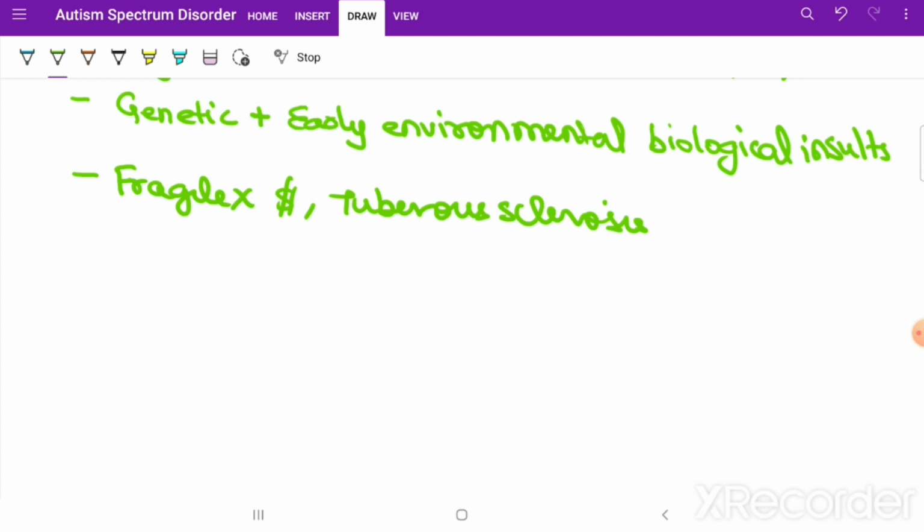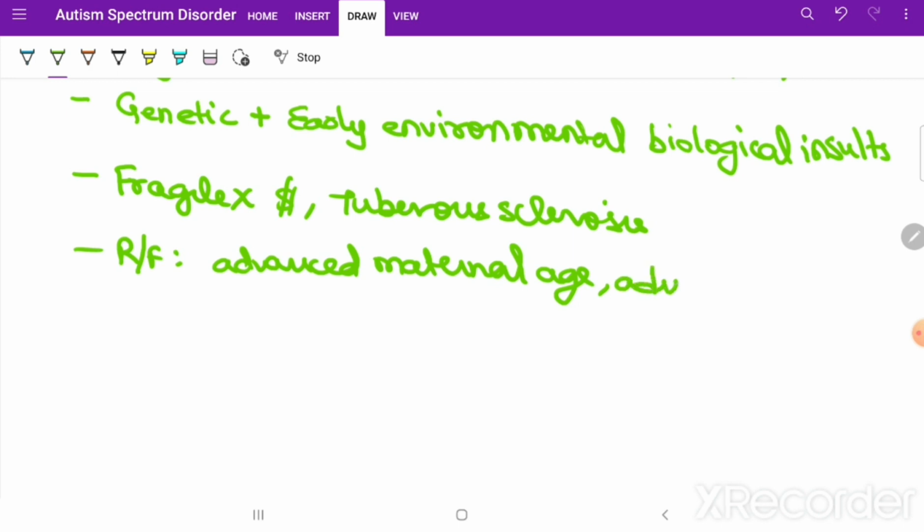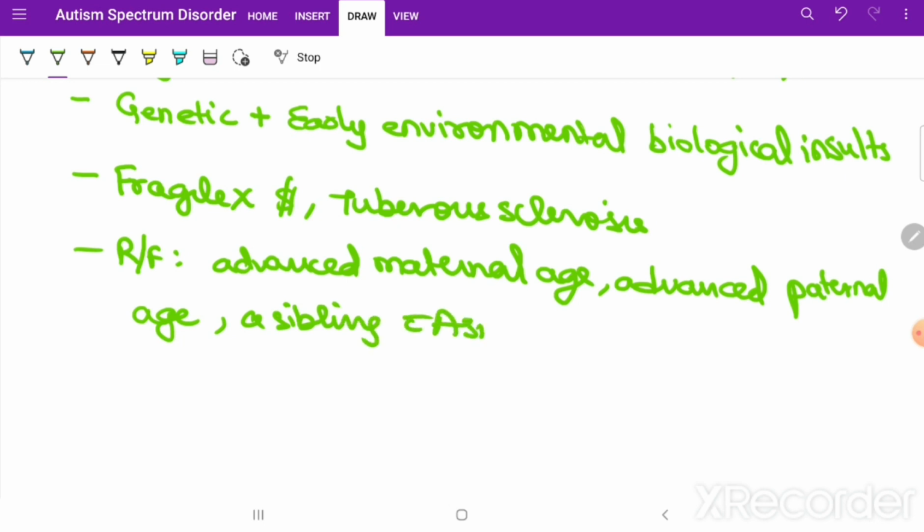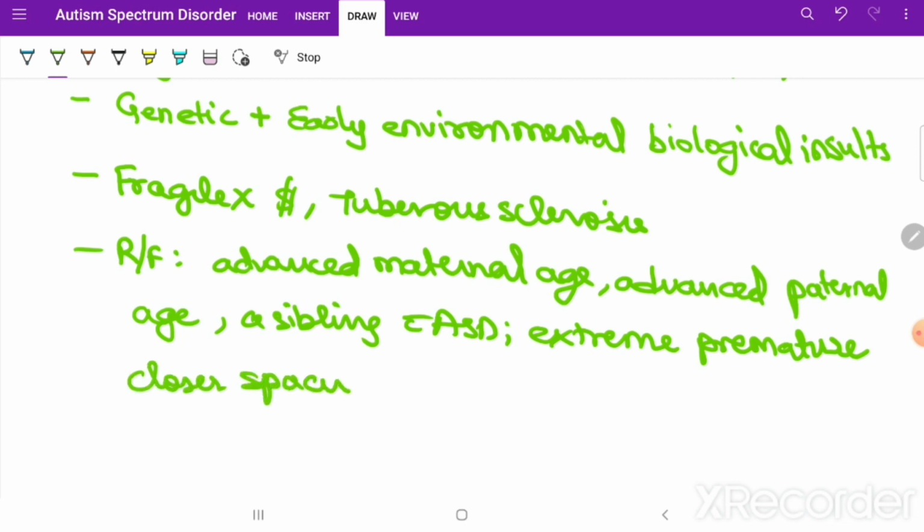And some identified risk factors I'll mention: advanced maternal age or advanced paternal age also, a sibling with ASD, extreme premature birth, okay, and closer spacing of pregnancies. These are known identified risk factors, okay.